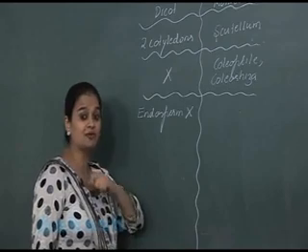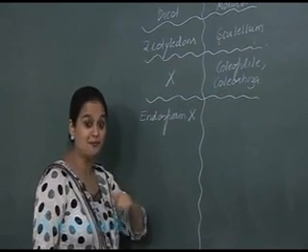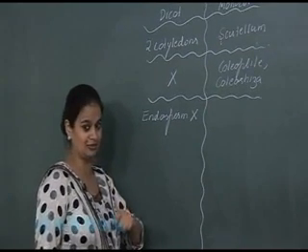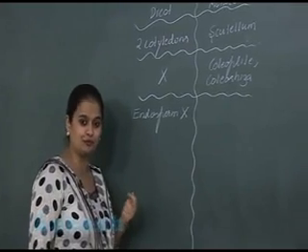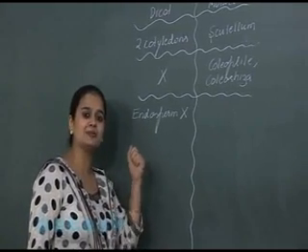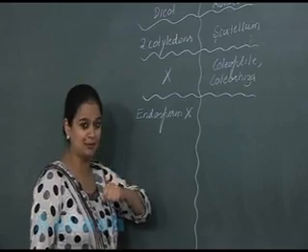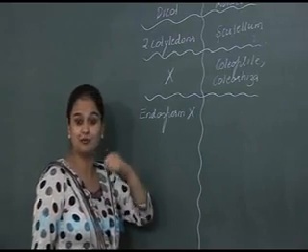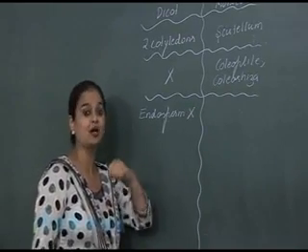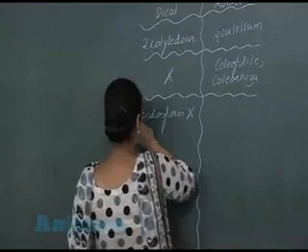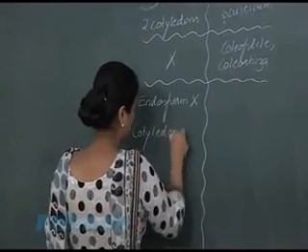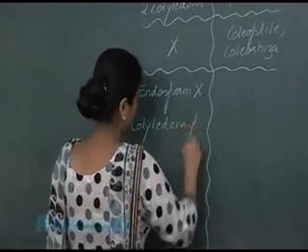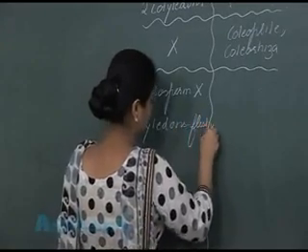Generally the part of the embryo which is fleshy, that is the cotyledons, stores the food. So here the cotyledons are fleshy and store reserve food.